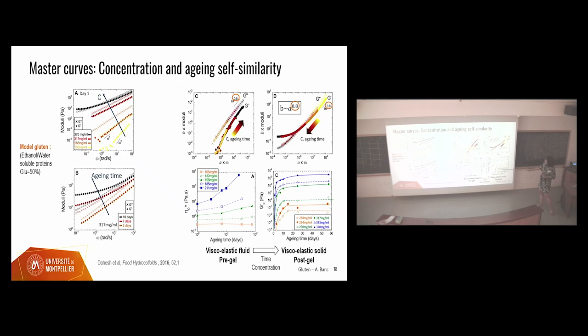And for the highest concentration, we start from a viscoelastic solid, and the modulus increases toward a steady state value. I will qualify these two master curves as a pre-gel master curve and a post-gel master curve, but I will come back to this aspect later.